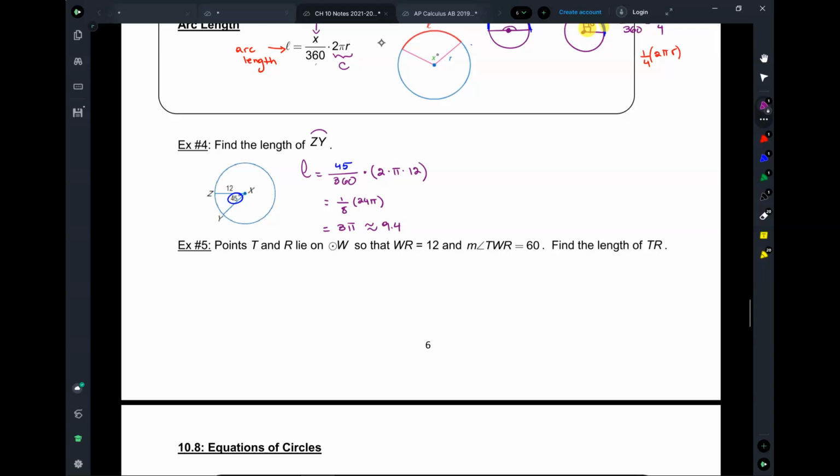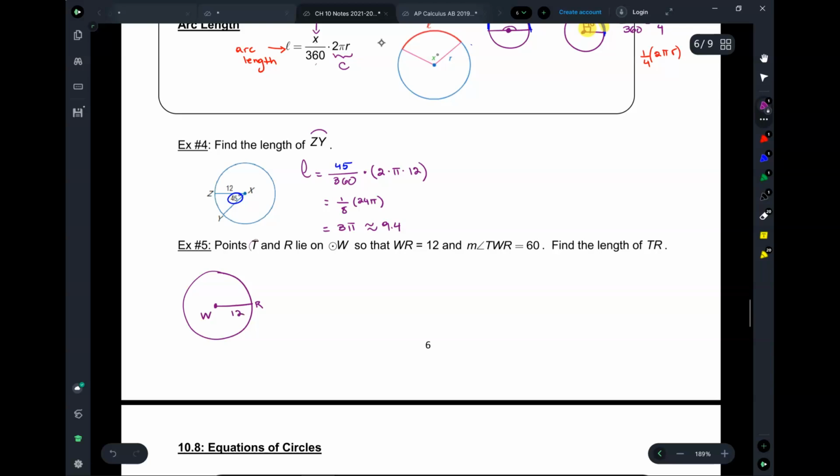Okay. T and R lie on circle W so that WR is 12, angle TWR is 60. Find the length. Okay, I have no idea what that said, so I need to draw circle W. Here's the center, W. WR is equal to 12.